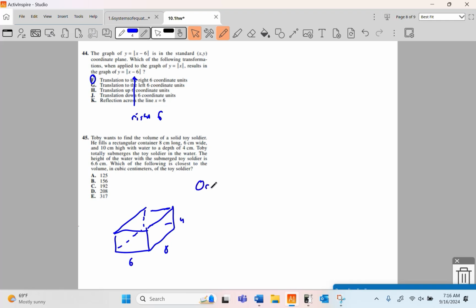So the original volume of water is 4 times 8 times 6, which is 288 cubic centimeters.